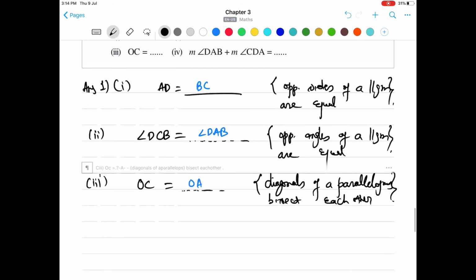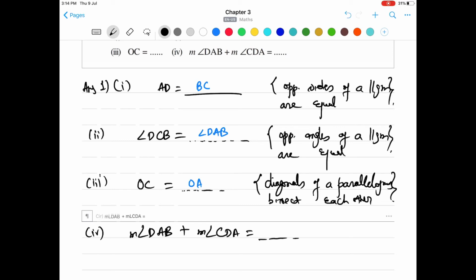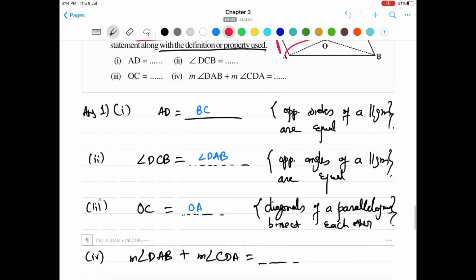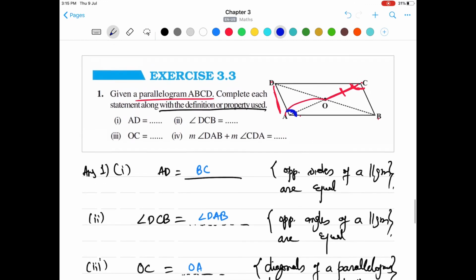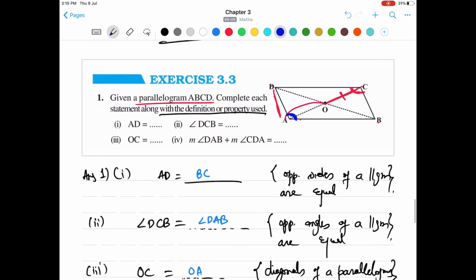The last one is measure of angle DAB plus measure of angle CDA equals what? So first locate the angles. Angle DAB, this angle, and angle CDA, this one.